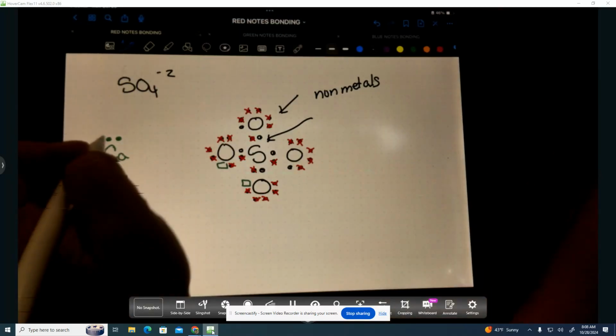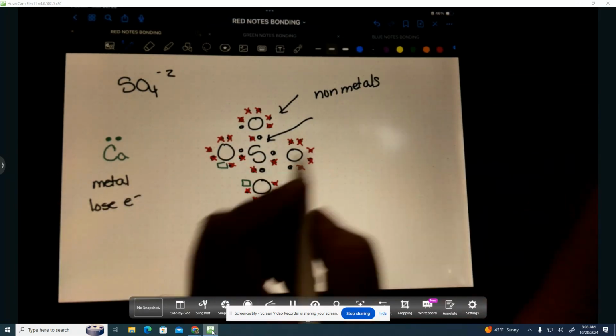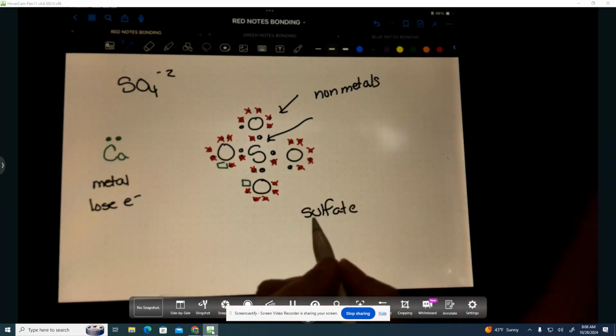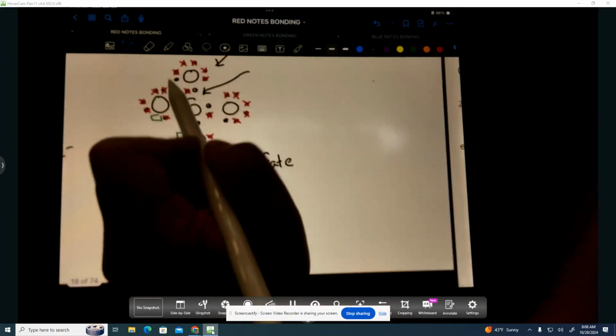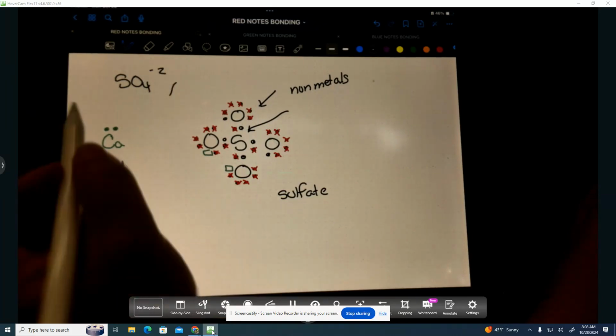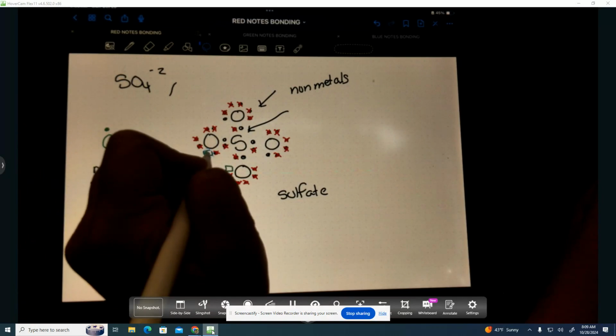That calcium is going to lose electrons. This sulfate, even though it's a polyatomic ion, is going to be gaining those electrons. That's how it got this -2 charge right here. Okay. So this electron is going to come here.